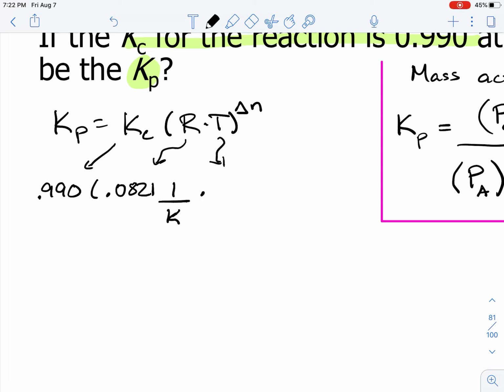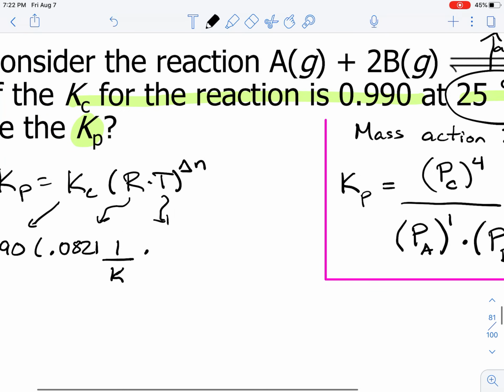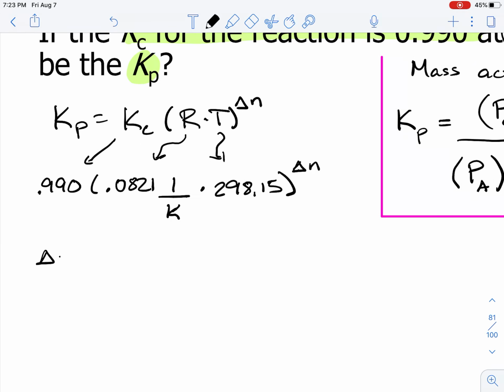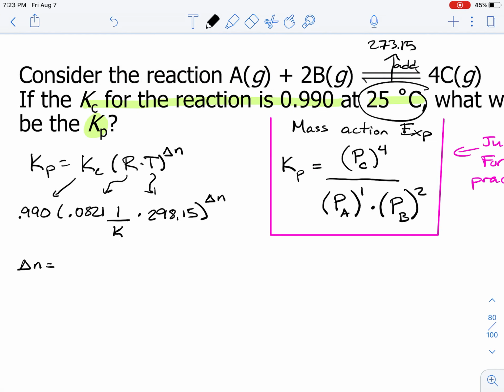Now, the temperature is 25 degrees Celsius. You're going to add 273.15, and so what we get is 298.15, and this is raised to the delta n. The change in the number of moles of gases can be calculated by taking the difference between the coefficients of the products and that of the reactants.